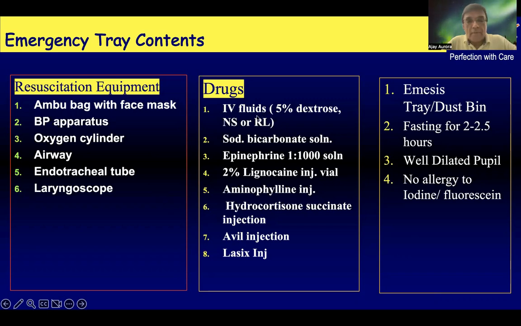Then we should have the IV fluids: 5% dextrose, Ringer lactate, normal saline, soda bicarb injections, injection adrenaline, injection Lasix, hydrocortisone injection, aminophylline, Avil. And of course, you should have the MSS tray or the dustbin. The patient must be fasting for at least about 1.5 to 2 hours, or maybe 2.5 hours also, should have a well-dilated pupil, and should not have any documented allergy to iodine or fluorescein.